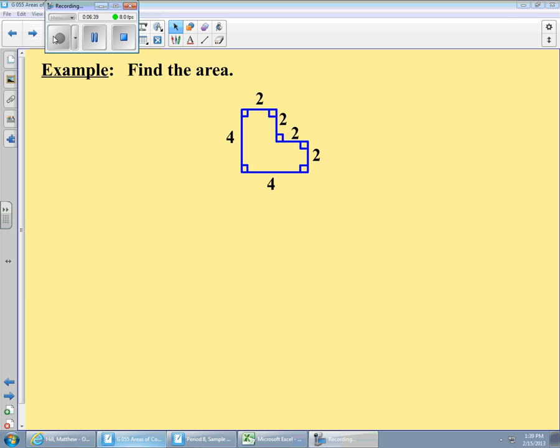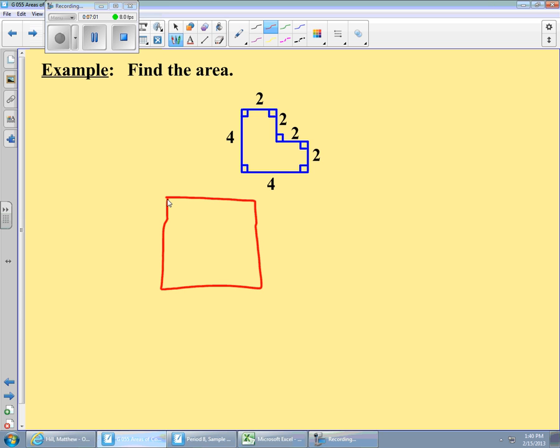Nobody sees it that way? Okay, so everybody else sees it as a gigantic square missing a little square? Okay, so it doesn't matter how we see it, since the majority of the class seems to see it as a big square missing a little square, then we'll work it that way as well.